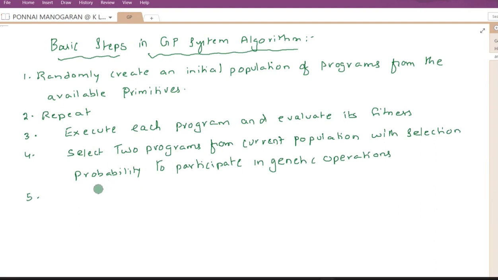So after selecting two programs, you need to apply genetic operations to get a new set of individual programs.